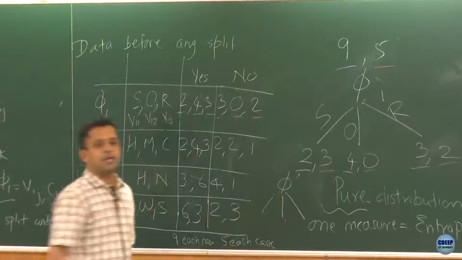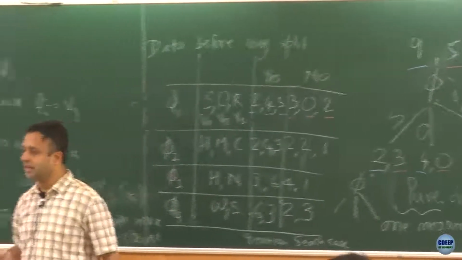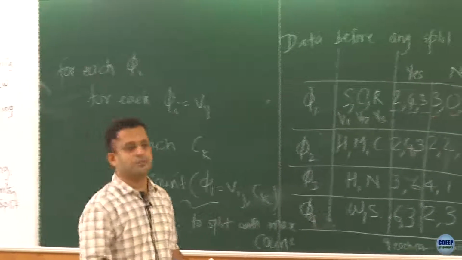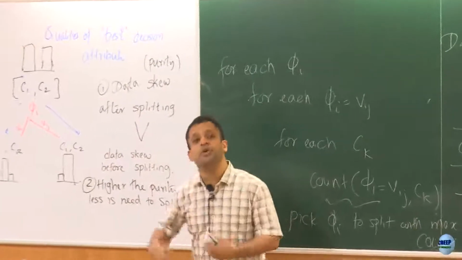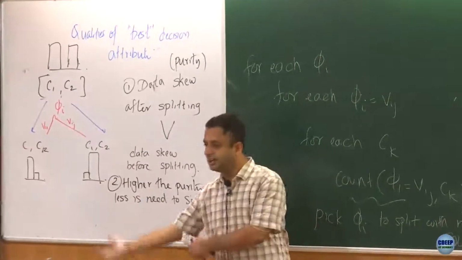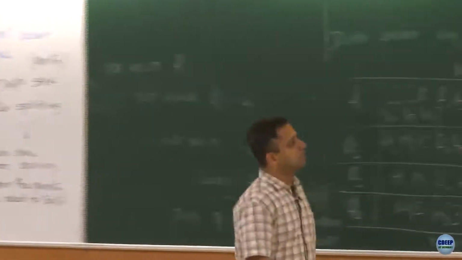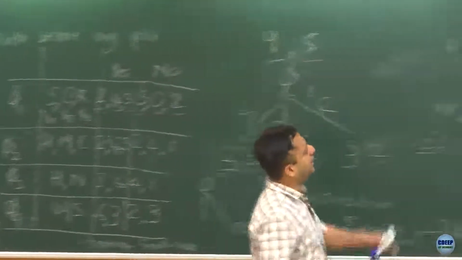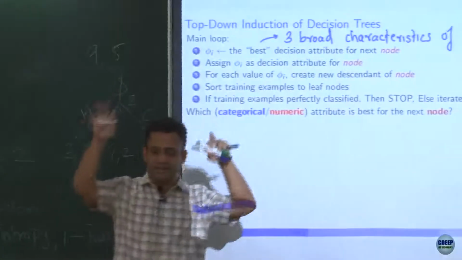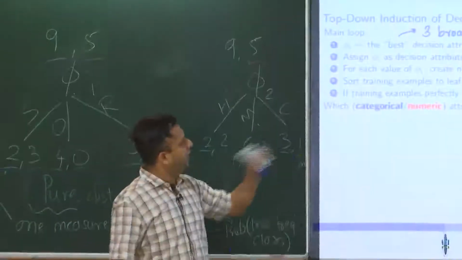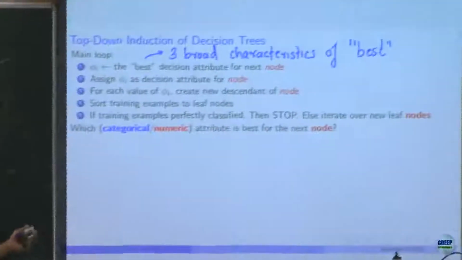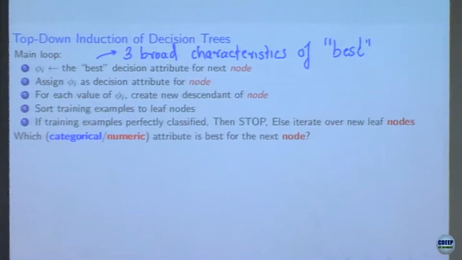You will again measure the purity before and after and ensure that I pick that phi which brings about the greatest impurity reduction or purity increase. In all processes you are sorting the training examples, dividing them to leaf nodes, to the branches. If training examples are perfectly classified, then stop, else iterate over new nodes.